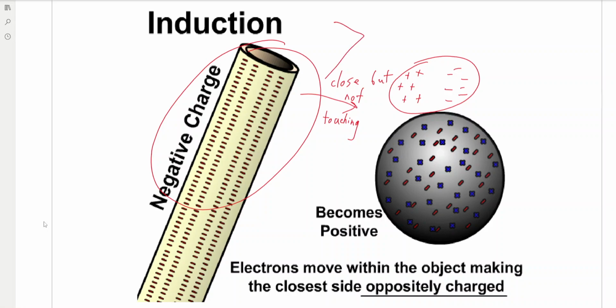Because like charges repel. So if the rod is close with a bunch of negatives, then it pushes the negatives away from that side. Okay? Now what we do is we touch this with a ground.